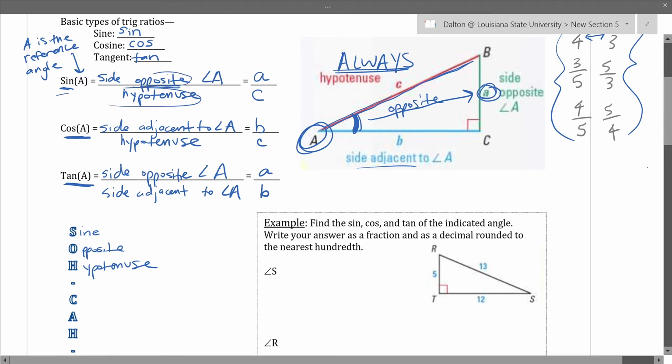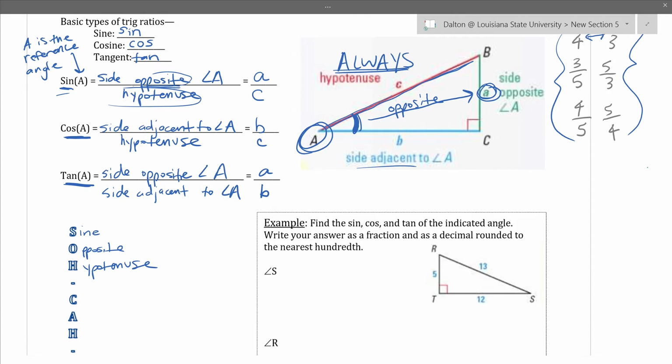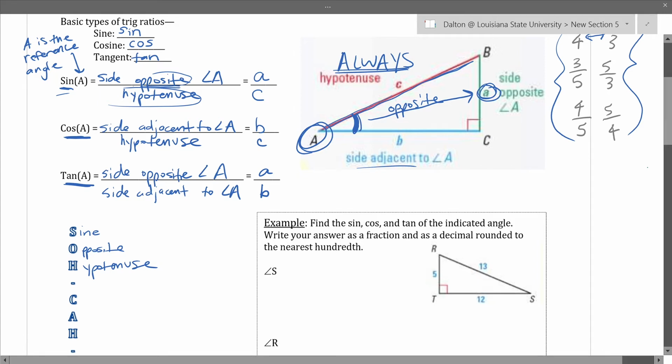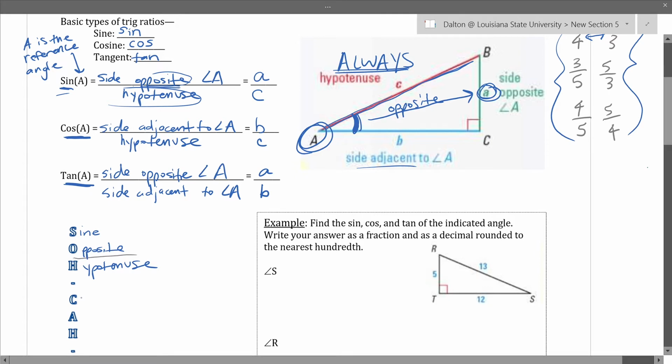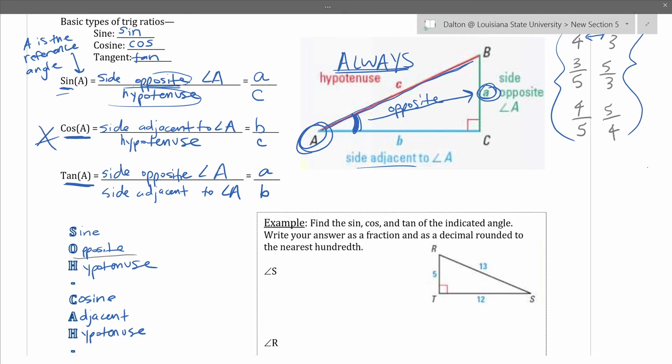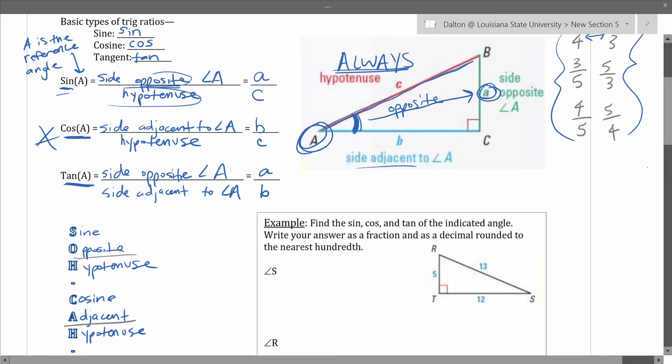So again, if you just remember that this is what the fraction should be, opposite over hypotenuse. You could probably guess that CAH is going to be cosine. A stands for adjacent. H still stands for hypotenuse. So if you look back up here at our cosine ratio, that's what these letters stand for, that the cosine is equal to adjacent over hypotenuse.